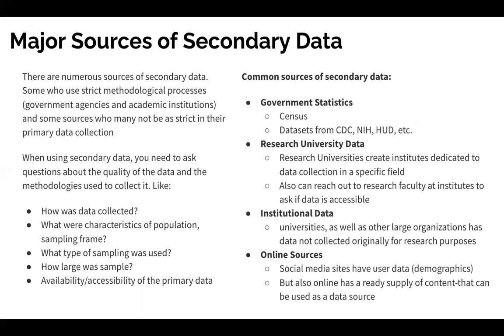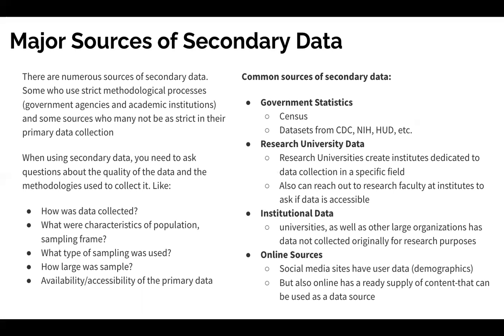There's a great chart that your book gives that provides common sources of secondary data. They go over some large categories of those sources. They talk about government statistics. This would be, like I said, your census, but there are also data sets from the CDC, NIH, HUD.